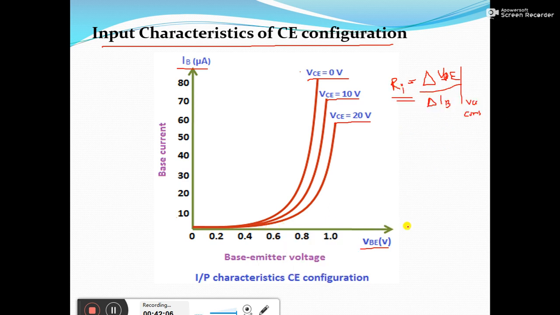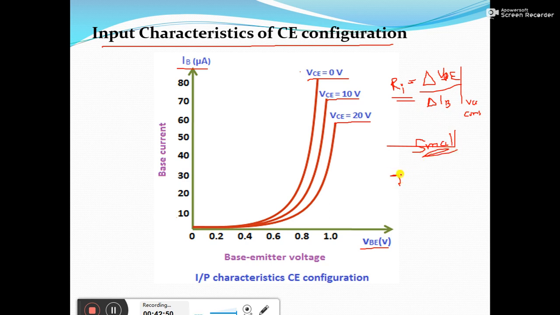Here you can see, with a slight increase in VB value, all of a sudden the current is going to rise. The behavior is very similar to that of the diode characteristics whenever it is operated in forward bias condition. With a small increase in VB value, a sudden rise in the IB current is observed, which means again here also Ri will be small. With a small change in the numerator, there is a large change in the denominator term. I can refer to it as Ri is very small.